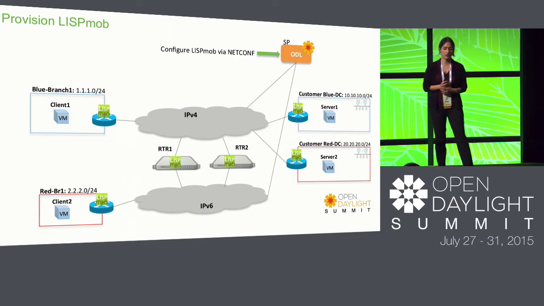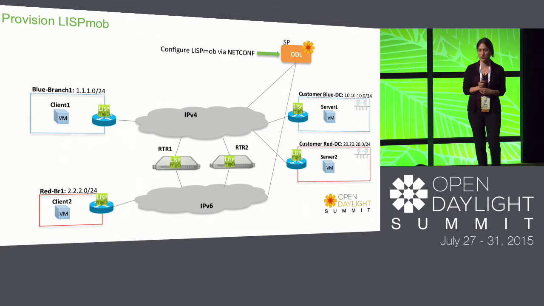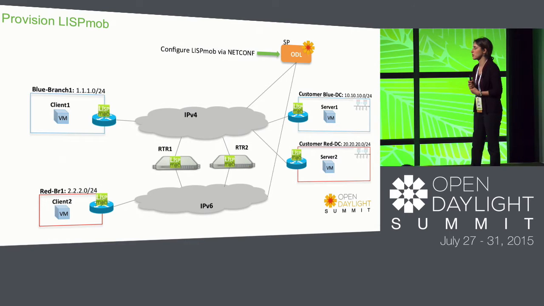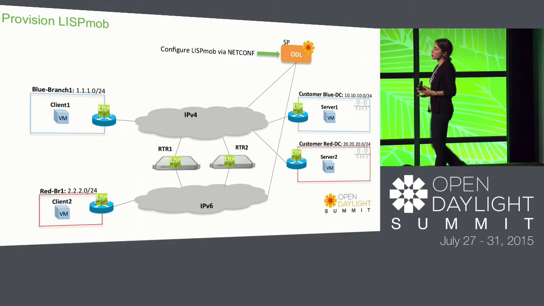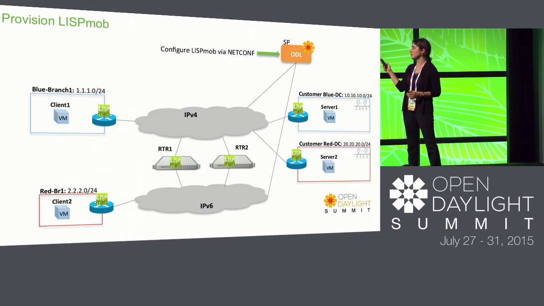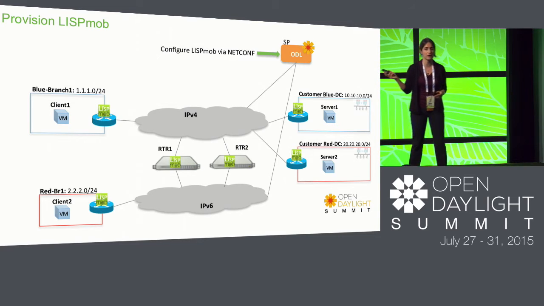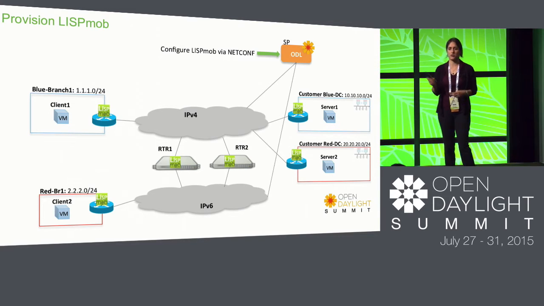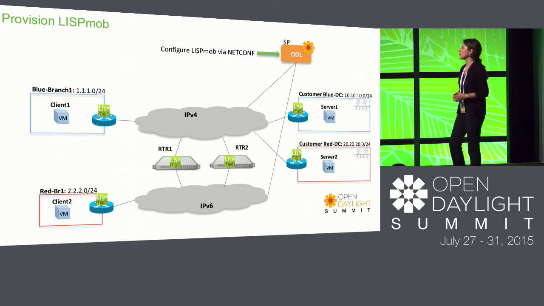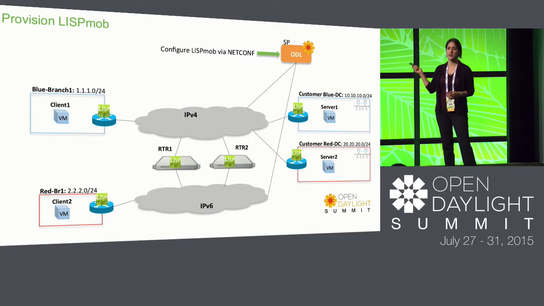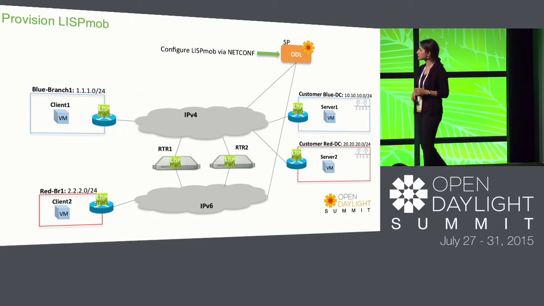And in the demo, the first phase is to do the provisioning of the routers. So in terms of deployment, we have 4 sites, and we have 4 LISP routers, and these are all LispMob, so LISP implementation on Linux. And we use the netconf server in ODL to connect to these LISP routers and configure them, provision them for use with this network.